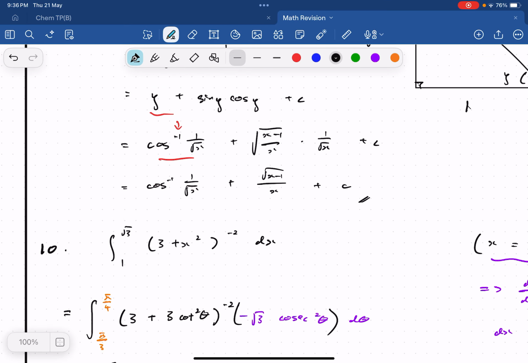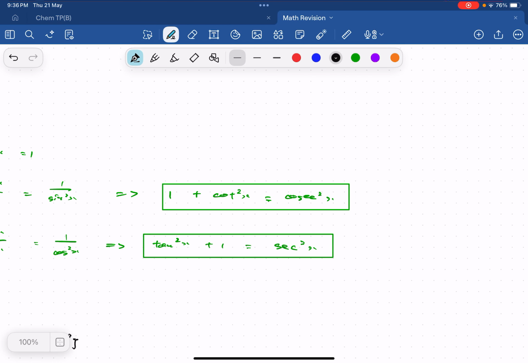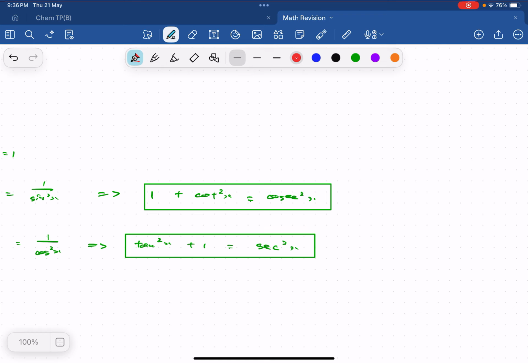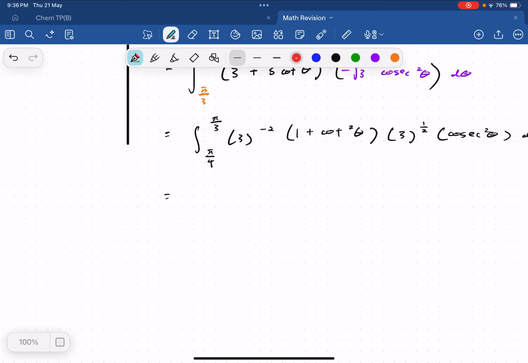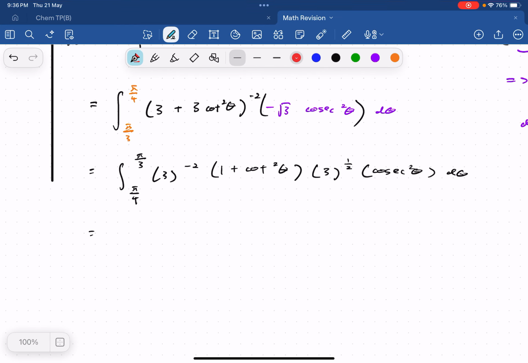Now, you remember earlier on, not too long ago, I mentioned these two, right? So we've already used this one earlier. Now I'm going to show you how to use this one. So I'm going to express everything in terms of cosecant. I can take this pesky constant and this pesky constant out. So you will see that this just becomes root 3 over 9. And then this is going to be 1 plus cot squared theta.